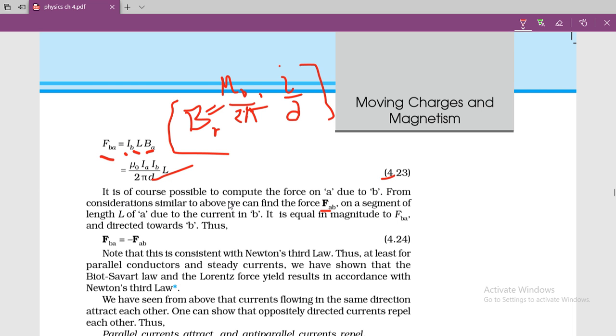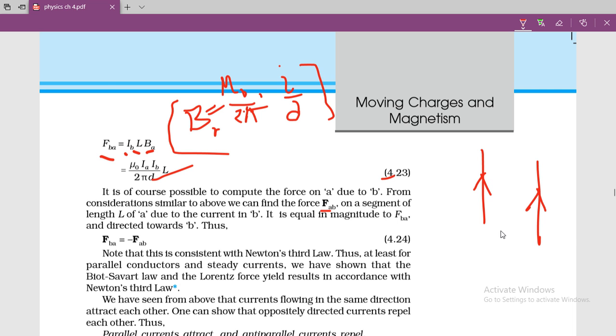So in this section we want to find the similar force on A due to magnetic field produced by conductor B. Since both conductors are current carrying, both of them produce magnetic field, so both of them exert force on each other.